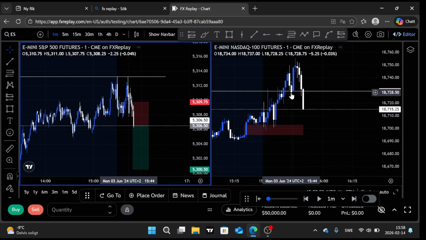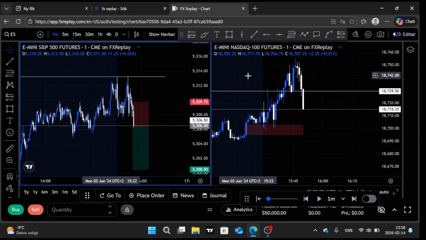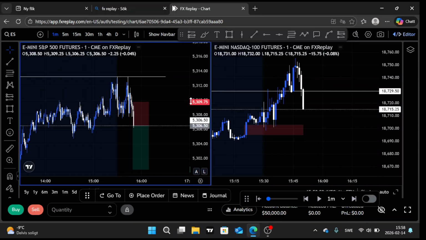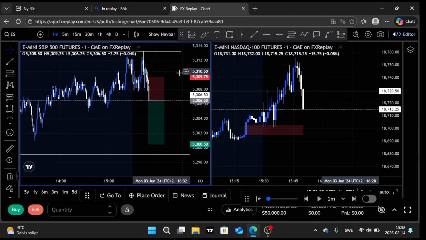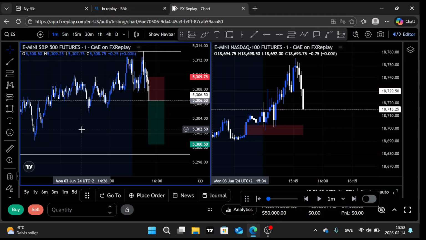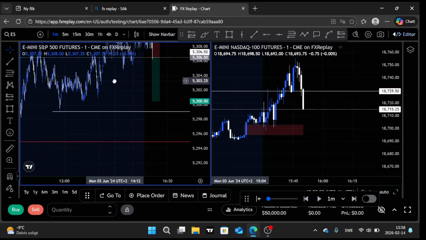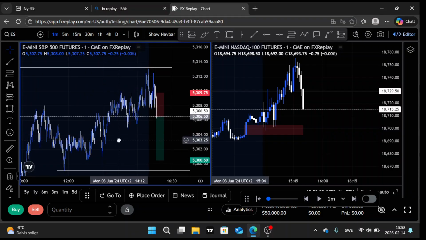We have closed below this bullish candle. We have done displacement, so we took internal high. We have bearish SMT, and we also have this engineered liquidity, so that's why I entered this trade.